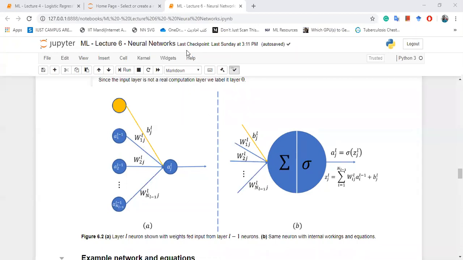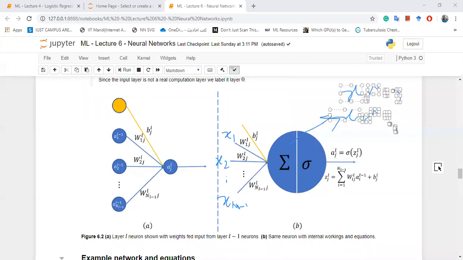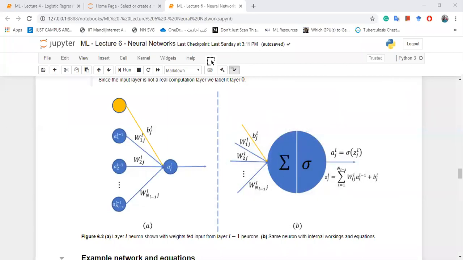So for example, if this here is x1, this here is x2, so on and so forth, this here is x_{l-1}. This part will produce x1w1 plus x2w2, so on and so forth. This part we did already in the logistic regression. You must be very comfortable with this by now. And whatever sum we generate, we will denote that sum with z.